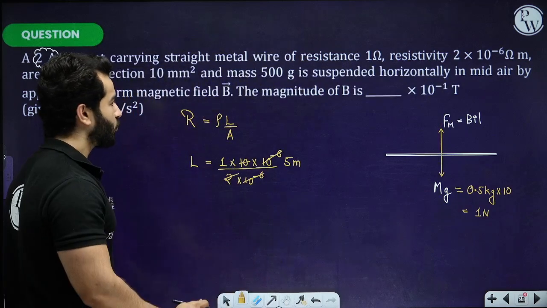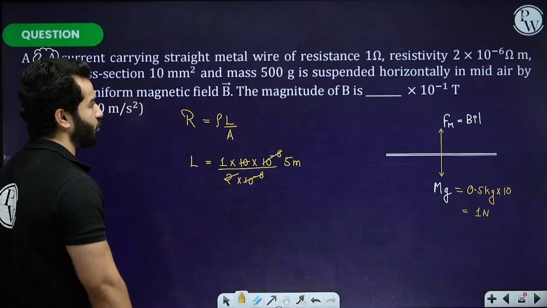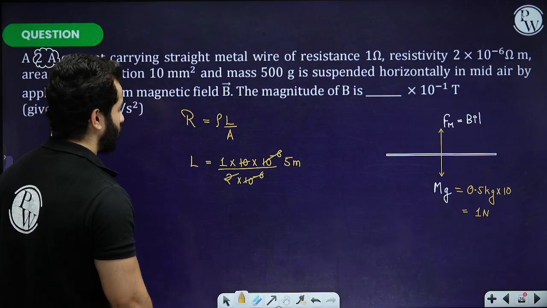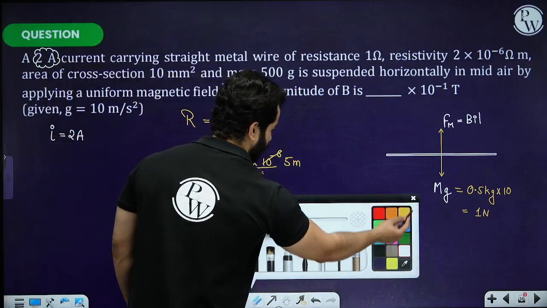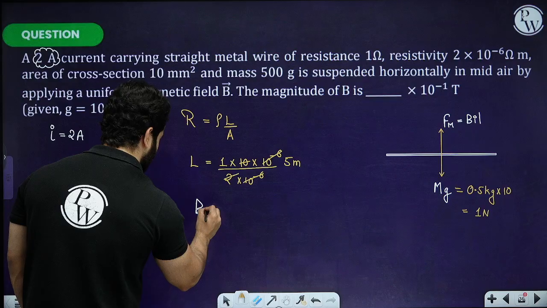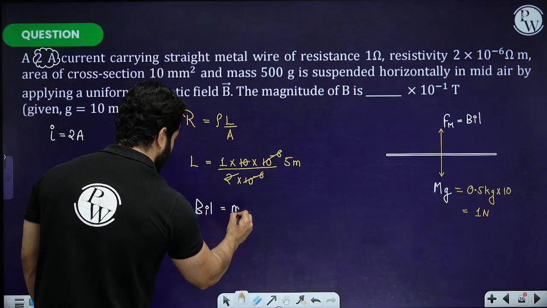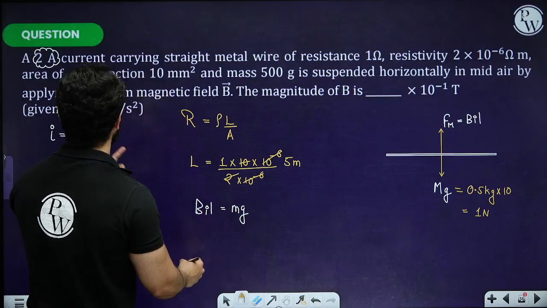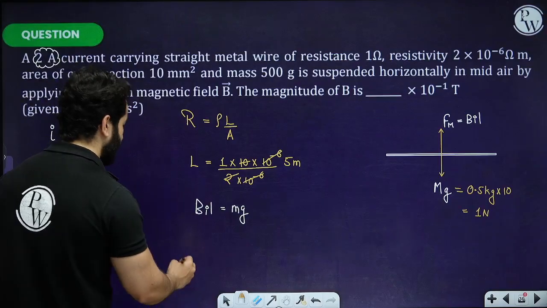So we have found out what L is also going to be, right? So now let's substitute the values. BIL will be equal to mg. Magnetic field is what we need to know.